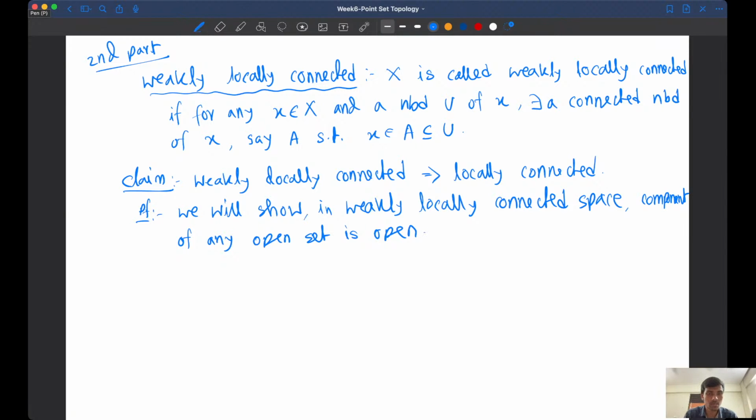So let's take an open set and its component.